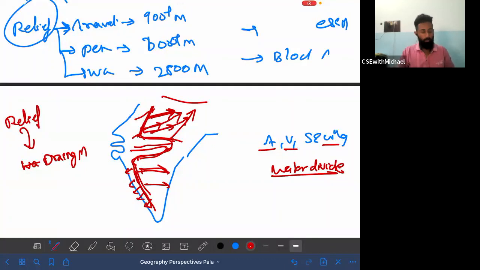Slope in the northwestern India, that is here, this part, is westerly. The rivers normally flow towards the west, but later it becomes southwesterly, in the parts of Thar and Kutch platform.